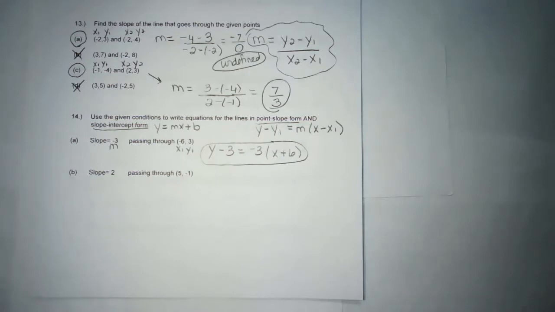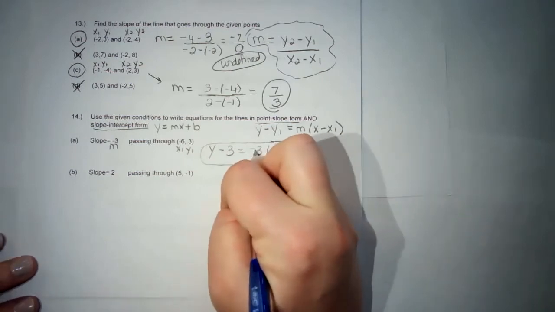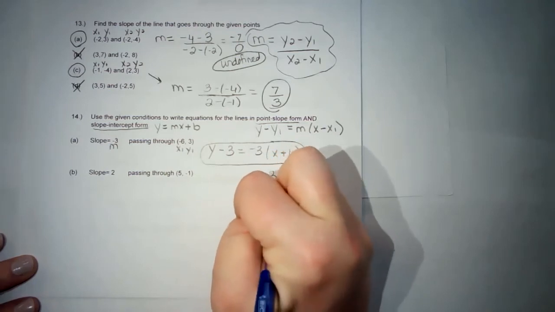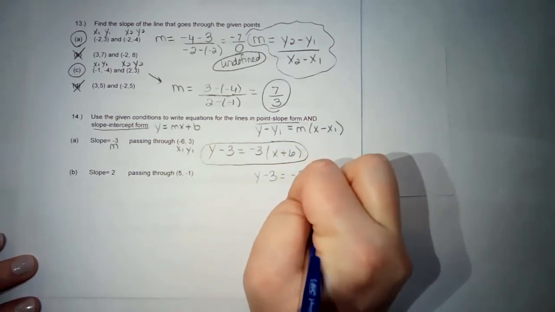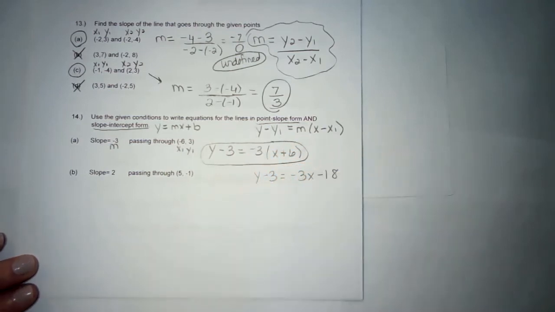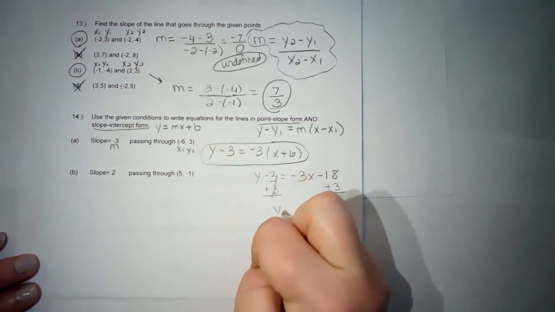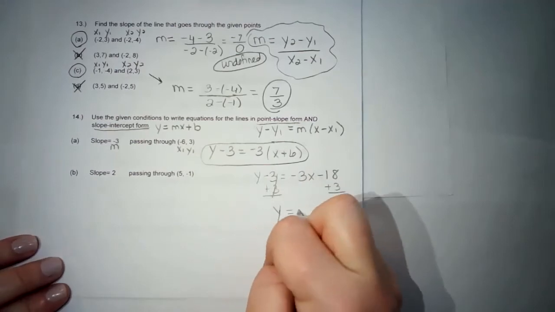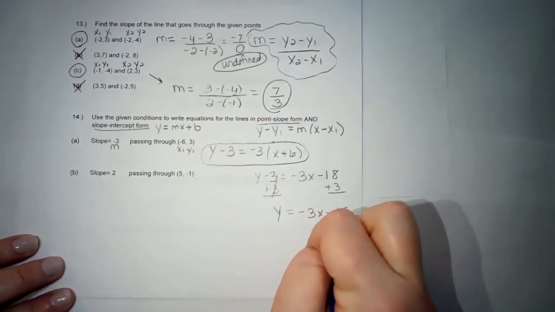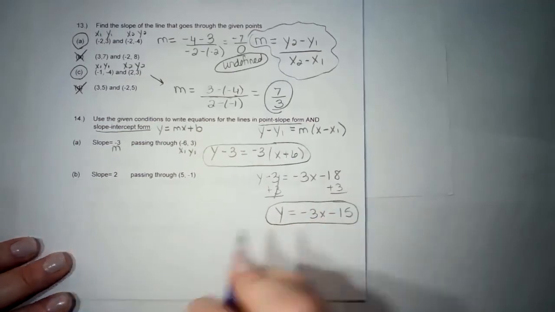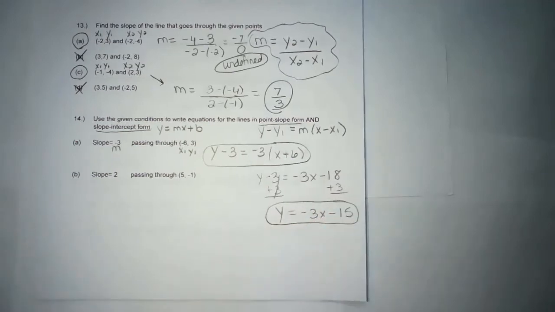You're trying to get y by itself on the left. So first thing I'm going to do is distribute the -3 through there. And then I'm going to add 3. So I get y equals -3x minus 15. And there we go.